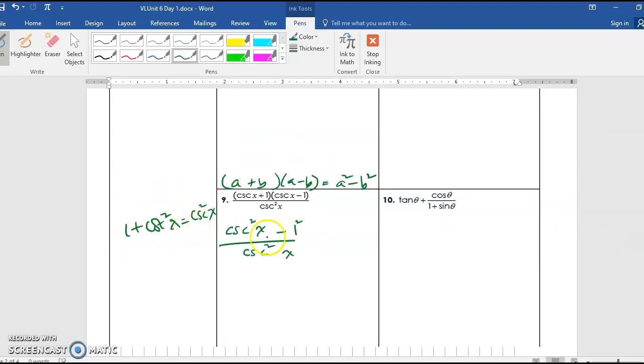So I'm writing that for you here. So when we have subtracted this 1 on both sides, we get cosecant square x minus 1 is actually cot square x. So this becomes cot square x over cosecant square x. Okay.